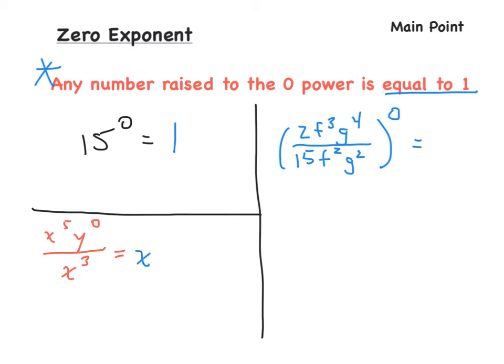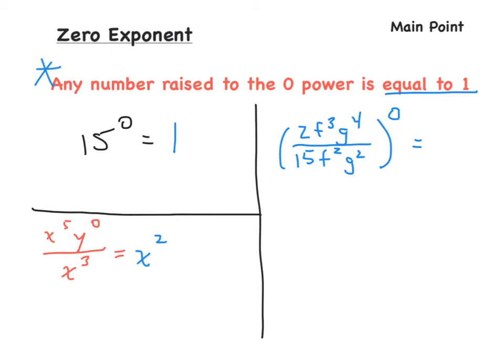That would be x to the 2nd power. Now I said this y to the 0 power would be equal to 1, so it's like we're just multiplying by it. But you don't even really have to put that in there, because anything multiplied by 1 is the same thing. So we could just take it out, and then our final answer is x to the second power.